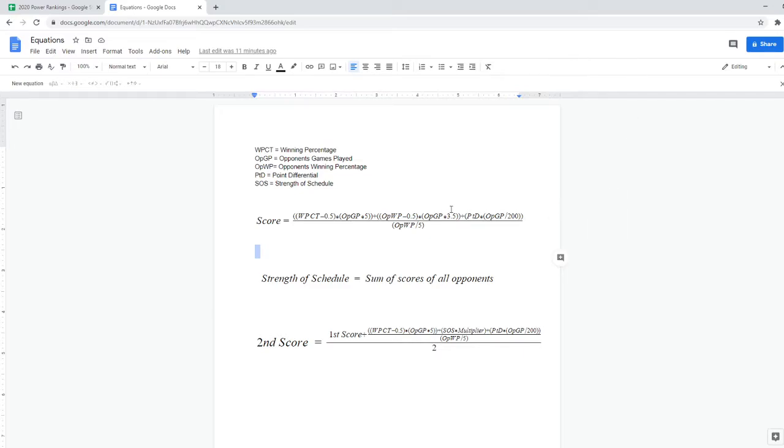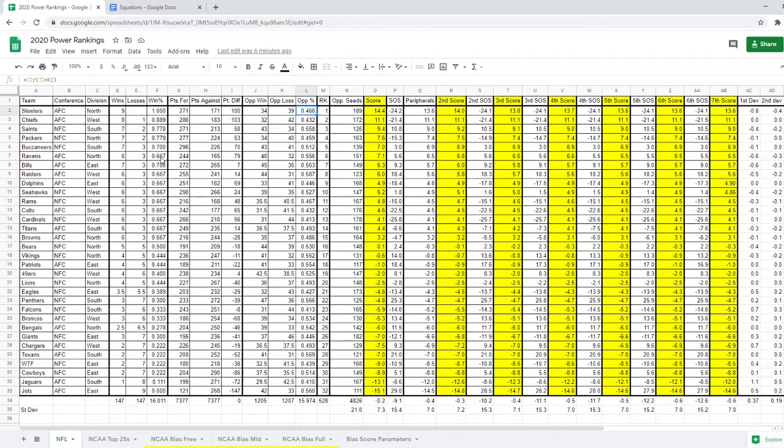Now, the last piece in this first score metric is point differential. Point differential is different from opponent's winning percentage or even winning percentage because it's already weighted across 0. As you can see here, it's already weighted across 0, so you don't have to do anything to it. All of these point differentials are already weighted across 0, so we already know, regardless, that we're getting what we want out of this.